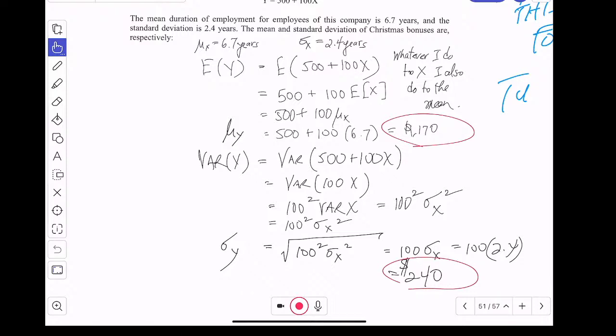All right, so with that, let's move to binomial now.